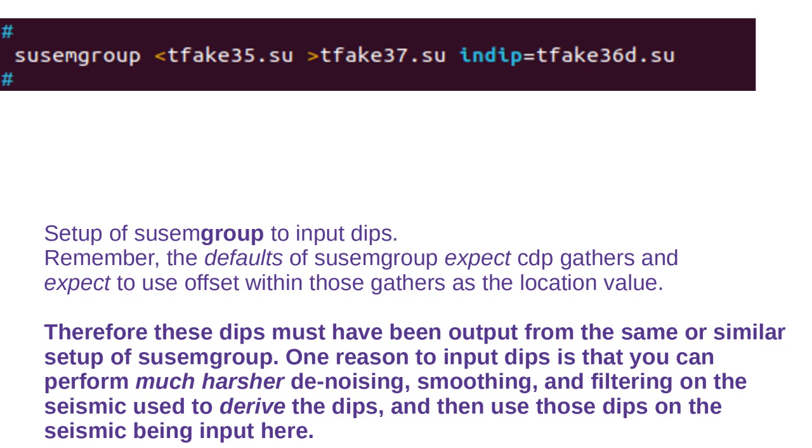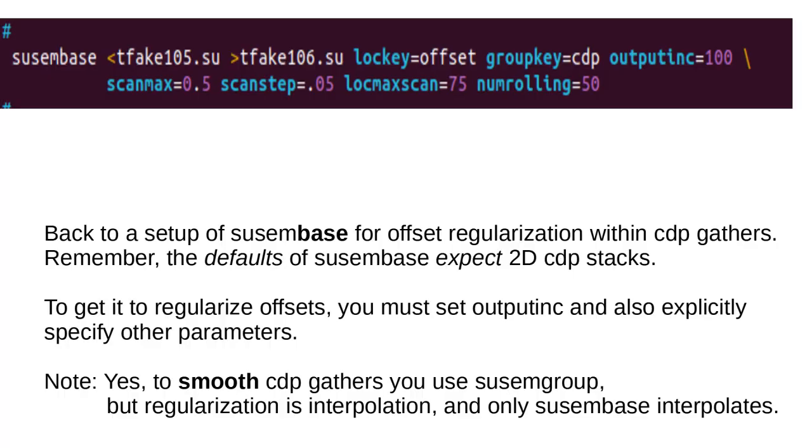That is, you can use more aggressive filters to produce the dip values and then use them here. Back to a setup of SU Sembase to get nice regular offset intervals within the CDP gathers. Yes, for noise reduction, you should use SU Sem group, but for offset regularization, you should use SU Sembase.